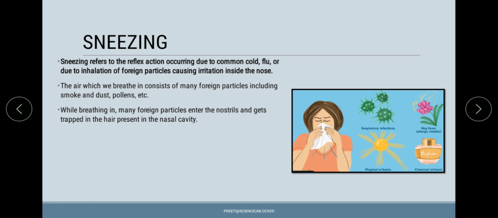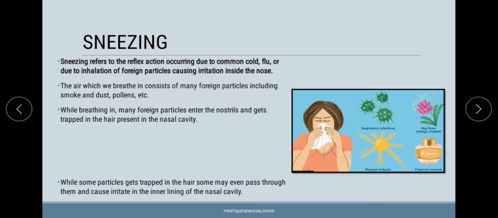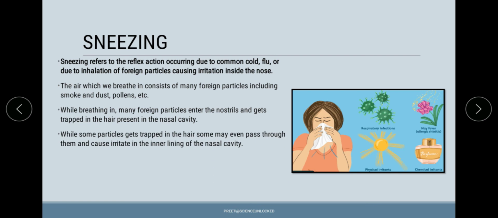They can also initiate this sudden reflex action in the body, because the body is unable to differentiate whether it is a dust particle or an air particle in the form of smell. But all together these things are foreign particles for the body.